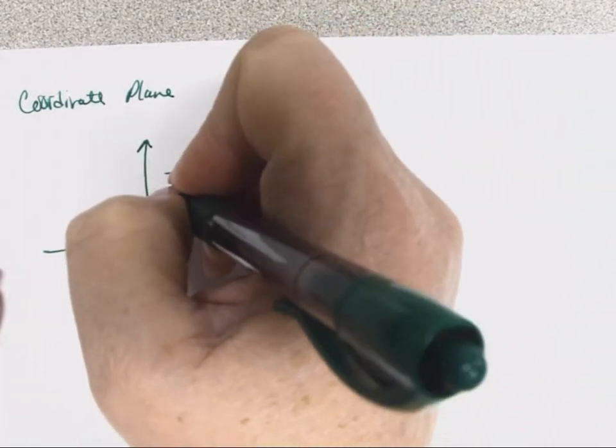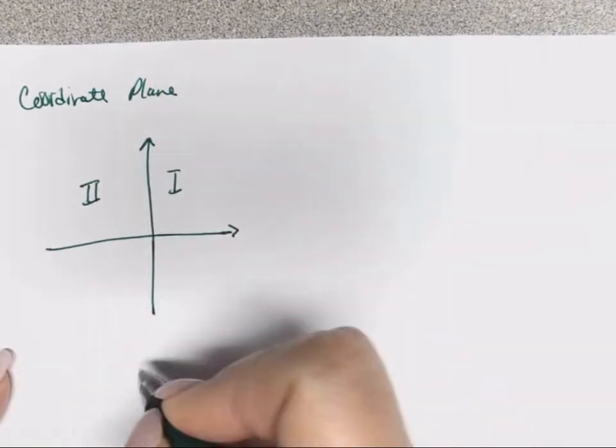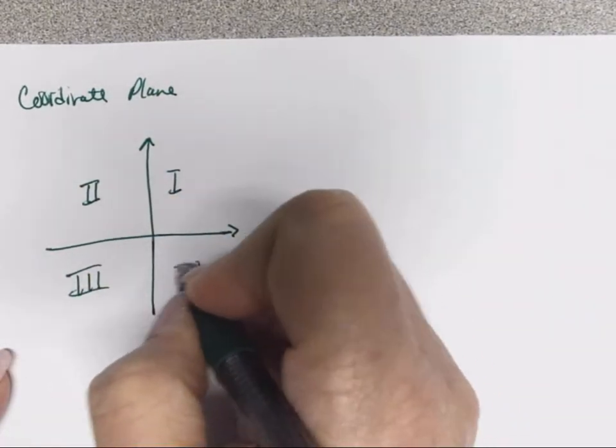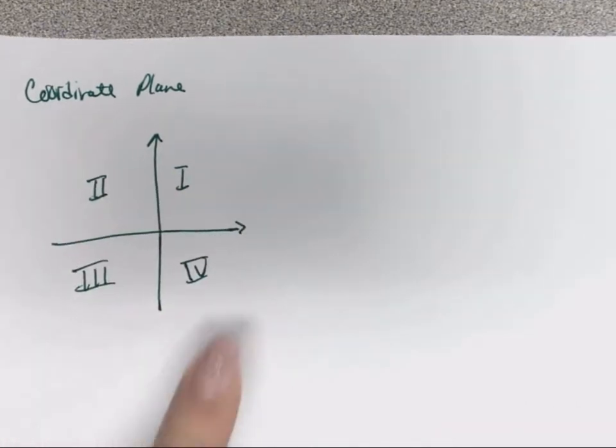So this is quadrant 1, this is quadrant 2, this will be quadrant 3, and this will be quadrant 4. So it goes counterclockwise. And you need to make sure that you're always in the correct quadrant.